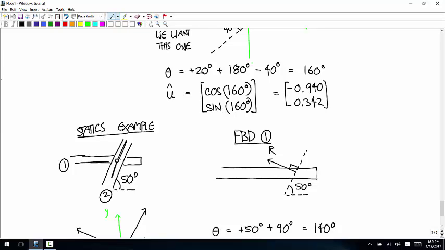If it's sliding freely, there's no force applied. There's only a force that prevents it from moving perpendicular to the slot. So this R is a vector that's perpendicular to the dotted line representing the slot. I could have just as easily drawn it the other direction, and it would work the same way, even though the signs would be switched.